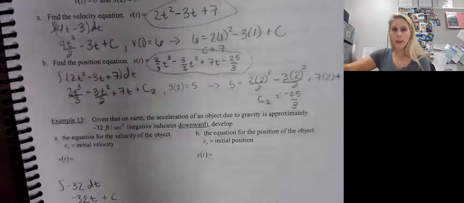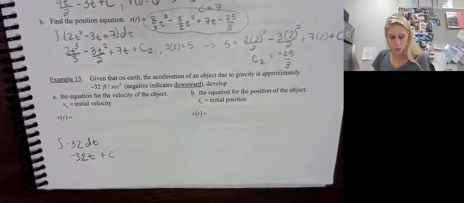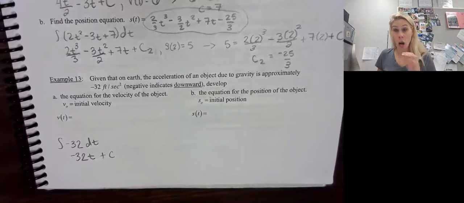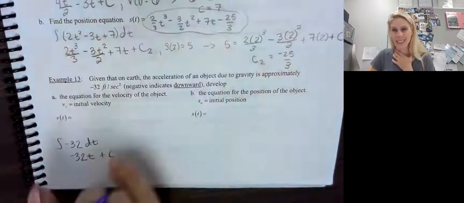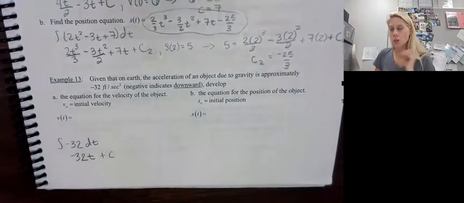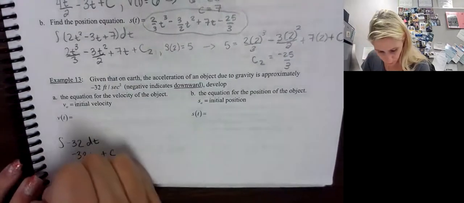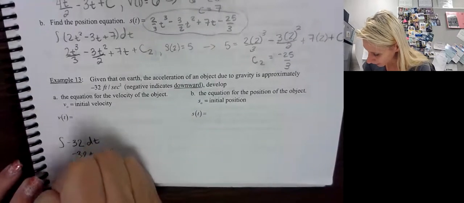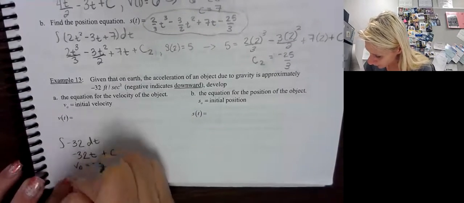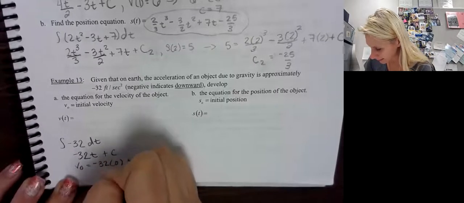Okay, well, we know that the initial velocity, so when t is 0, sorry, I said initial up here is 1, but it's at 1 second, right? So the initial is when the second is 0. So if I plug in 0, I get v sub 0 equals negative 32 times 0 plus c.